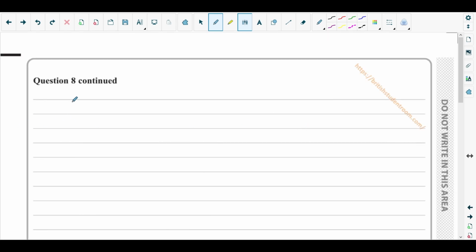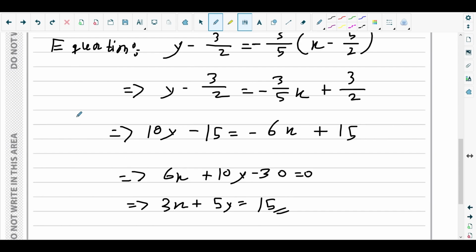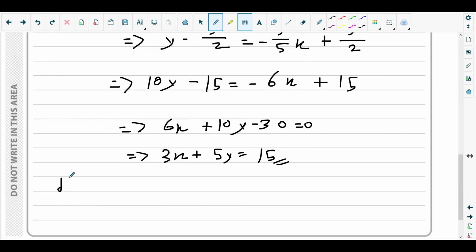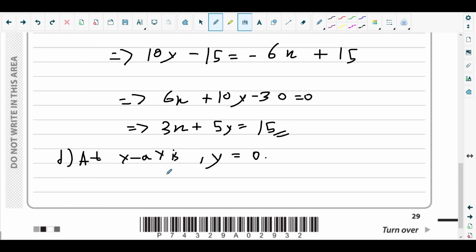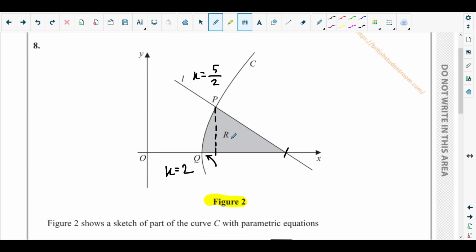For part D, first we need to find the point where the line L intersects the x-axis. At the x-axis, y equals 0, right? If y equals 0, then you will get x equals 5. That means the line L intersects the x-axis at x equals 5. Now it's time for integration.